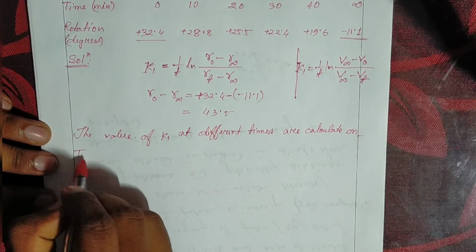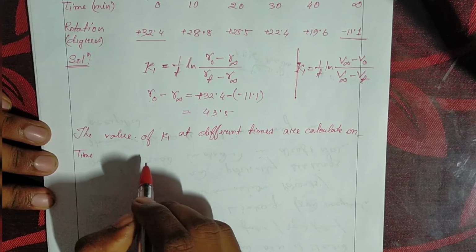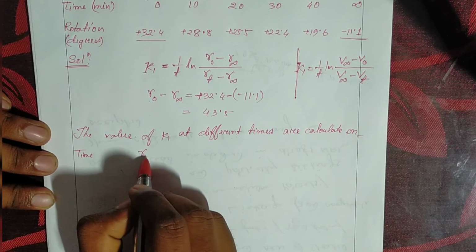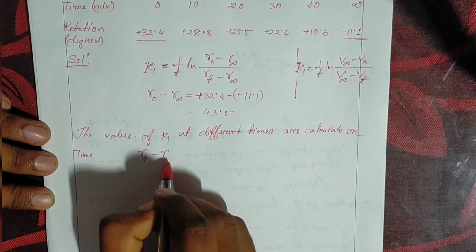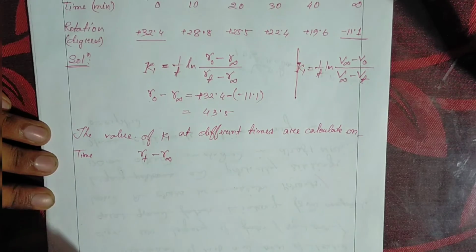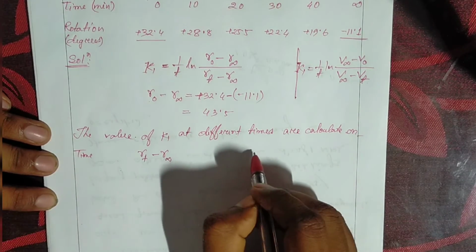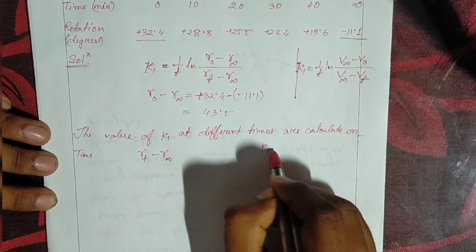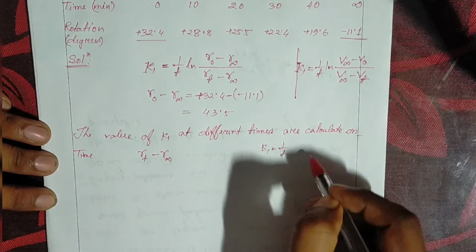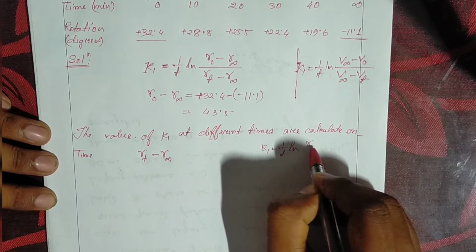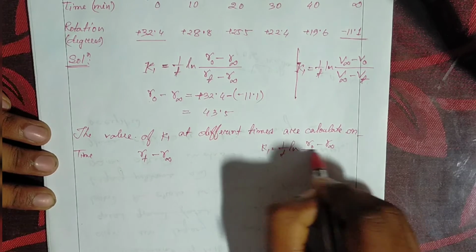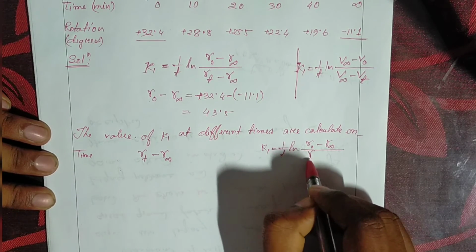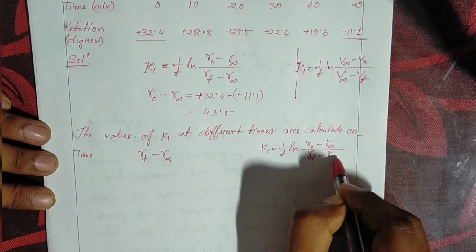First of all is time, next this is Rt minus R∞, and here k1 is equal to the general equation, R0 minus R∞ by Rt minus R∞.